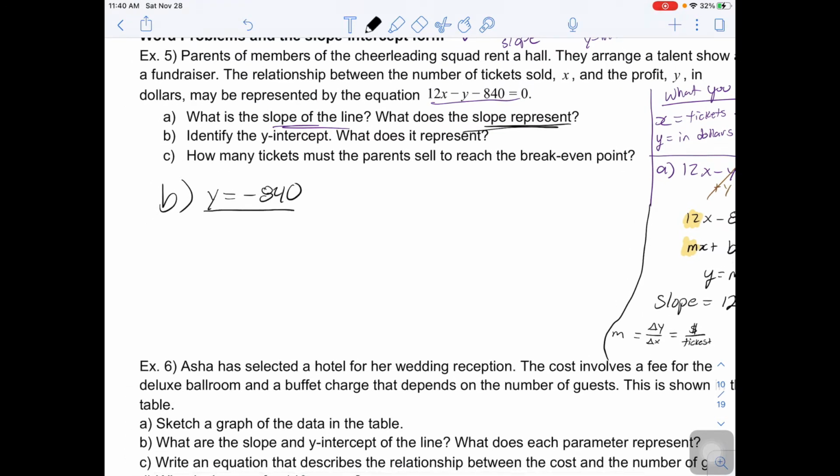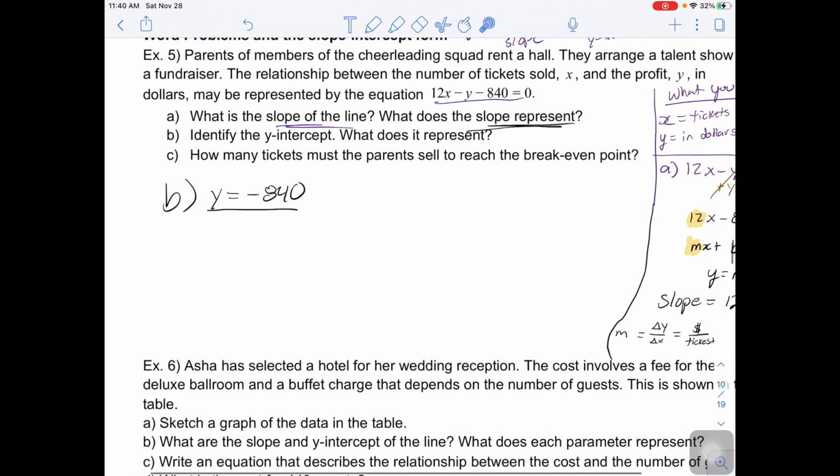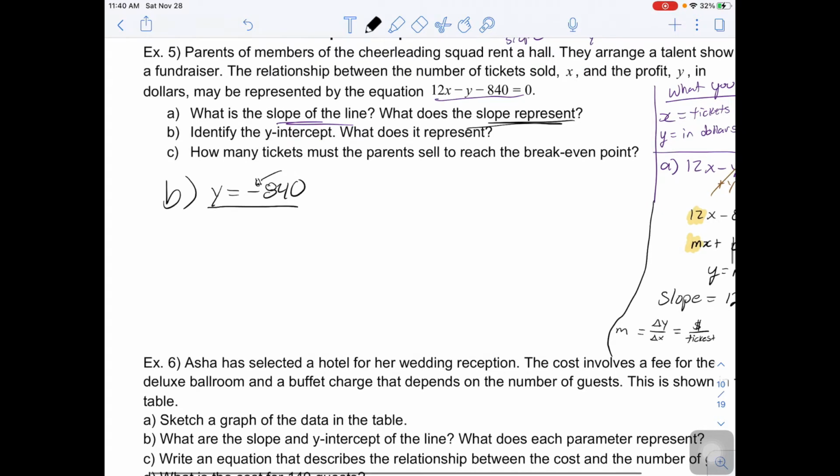Well, recognize that they have to pay to use this banquet hall. So this is a minus symbol, and this is the initial cost of the banquet hall. Okay.